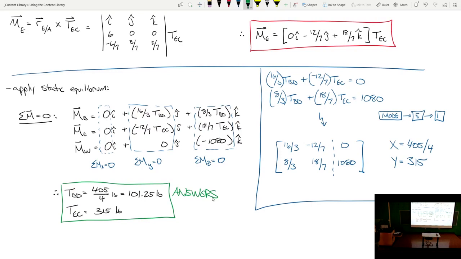Y'all remember that? 2 equations, 2 unknowns? Or whatever solution strategy you want to use, whatever calculator you have.